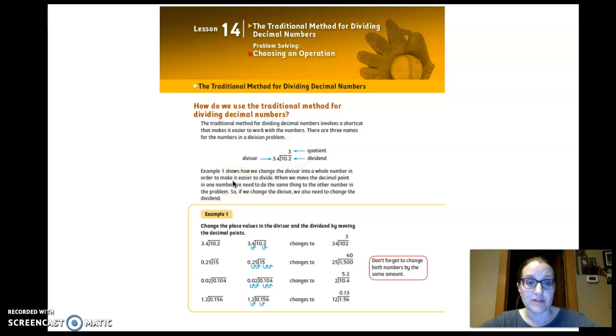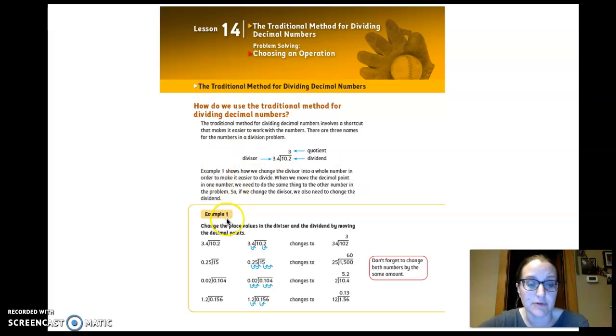So example 1 shows how we change the divisor into a whole number in order to make it easier to divide. When we move the decimal point in one number, we must do it to the other. So in the divisor, when we move that decimal point to make it a whole number, we have to do the same thing to the dividend, okay?